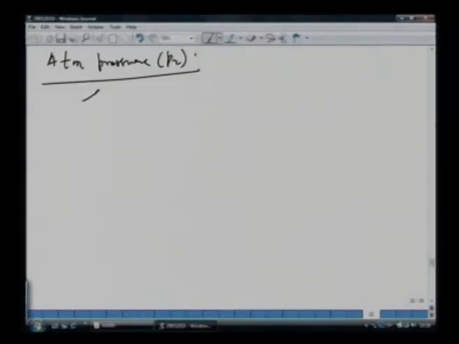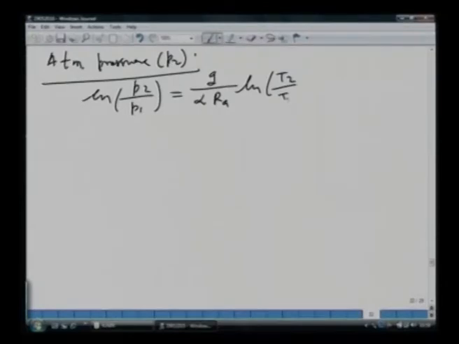Natural log of P2 over P1 is equal to G over alpha R A times natural log of T2 over T1. And that, as we had seen, is going to give you P2 is equal to P1 times T2 over T1 raised to the power G over alpha R A.